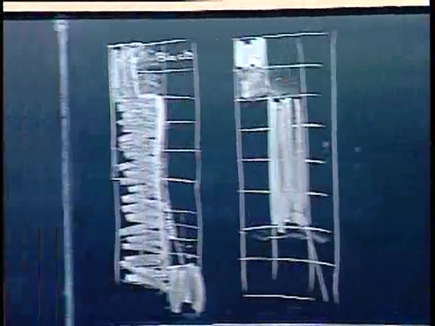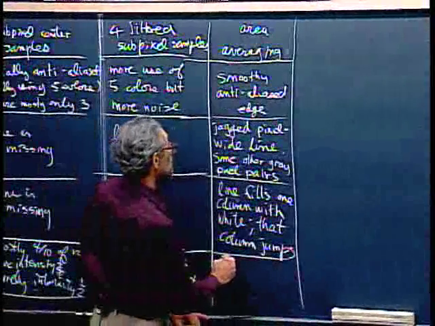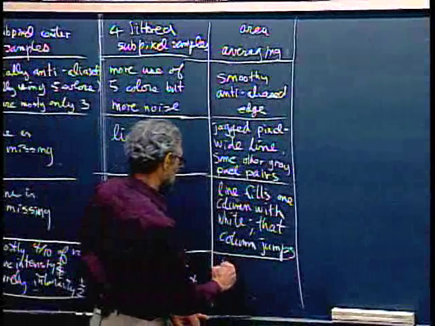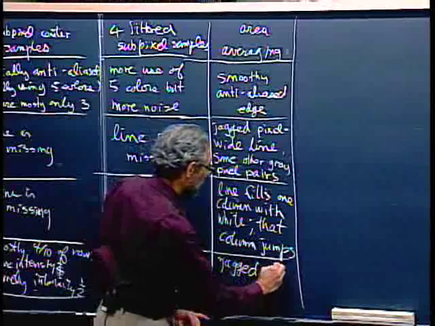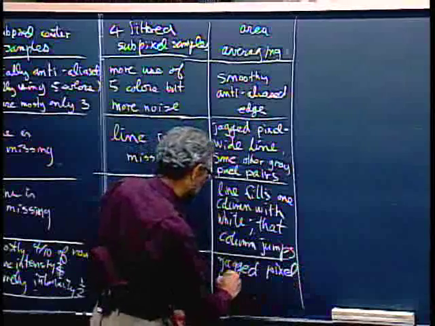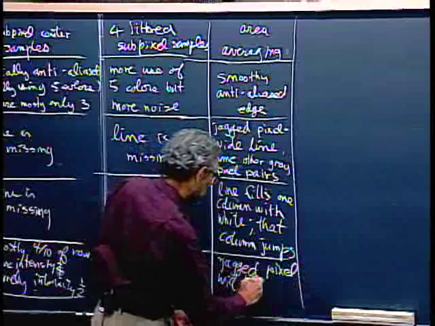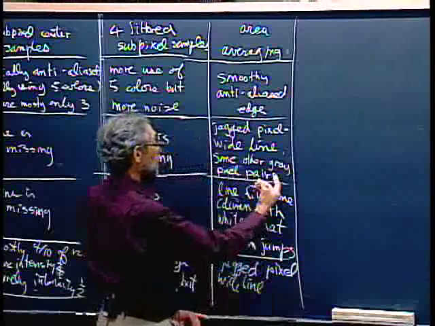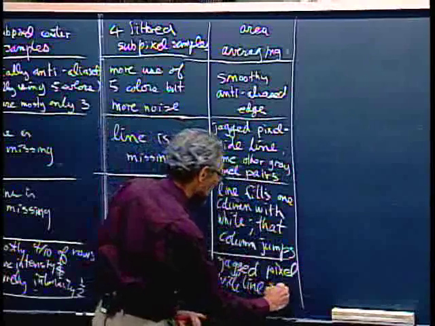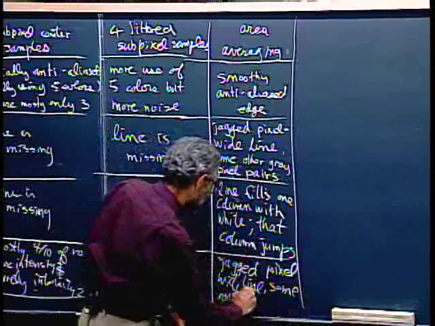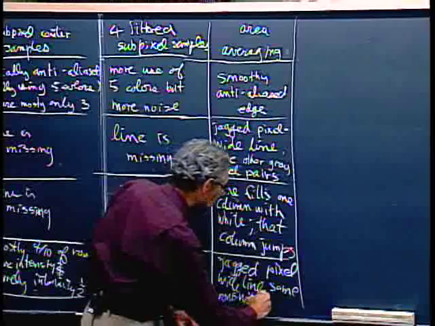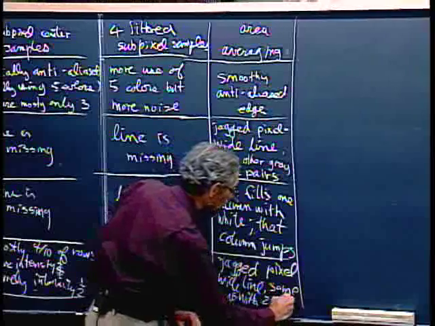Jagged pixel wide line. Basically, it's the same thing. Some rows with 2 gray pixels.